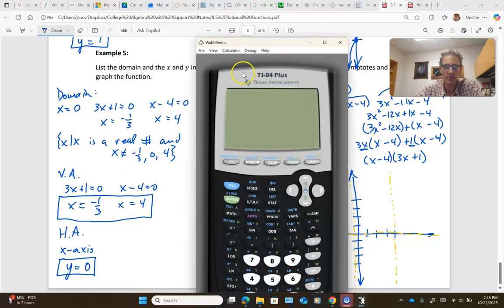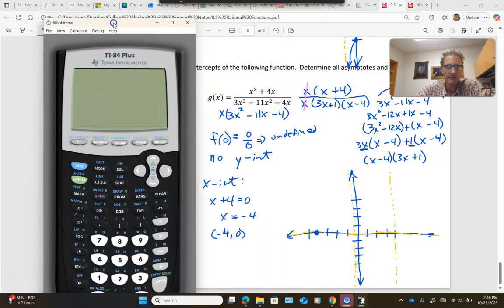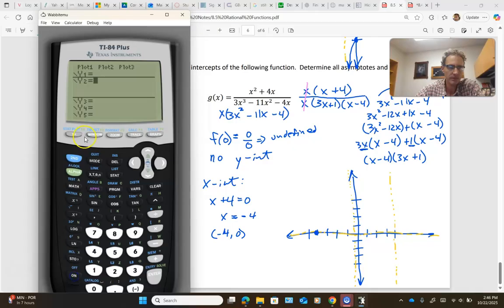This time, though, I'm going to use this calculator, because I want to make sure if you're using one of these, you're inputting it correctly. So for y, when you go to y equals, make sure that you keep that polynomial on top in parentheses.